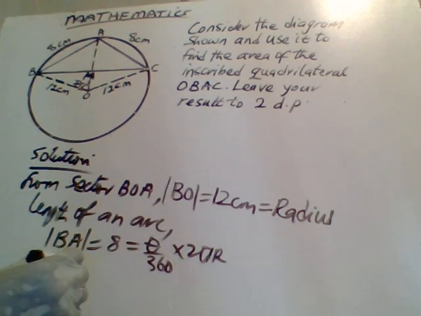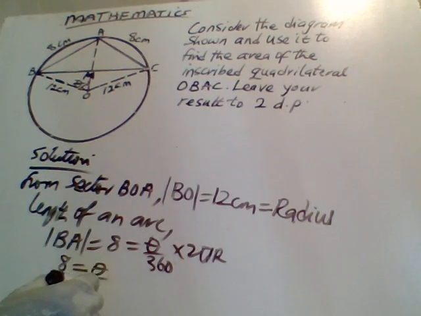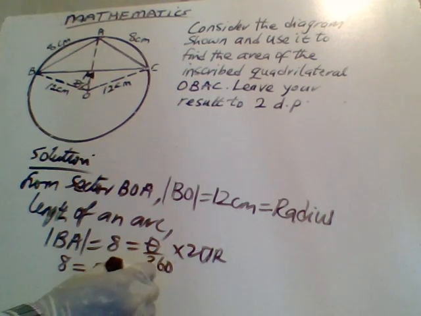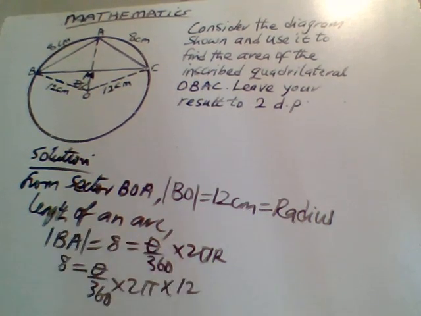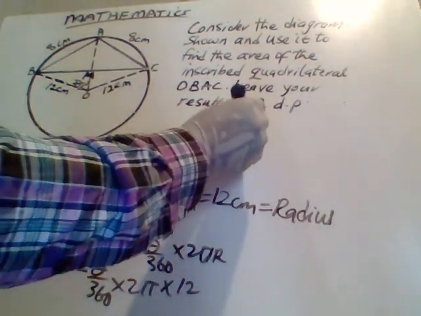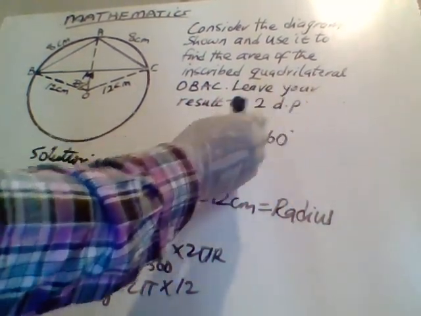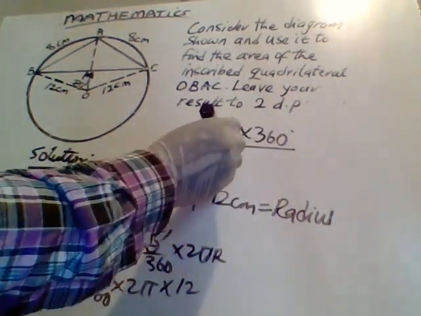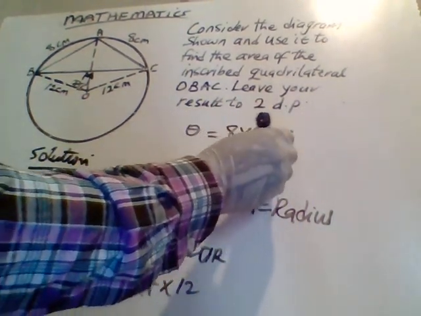You have 8 equal to theta over 360 times 2 pi times 12. From here we can make theta the subject of the formula. Cross multiplying, theta equals 8 times 360, remember that this is in degrees, divided by 2 pi times 12.